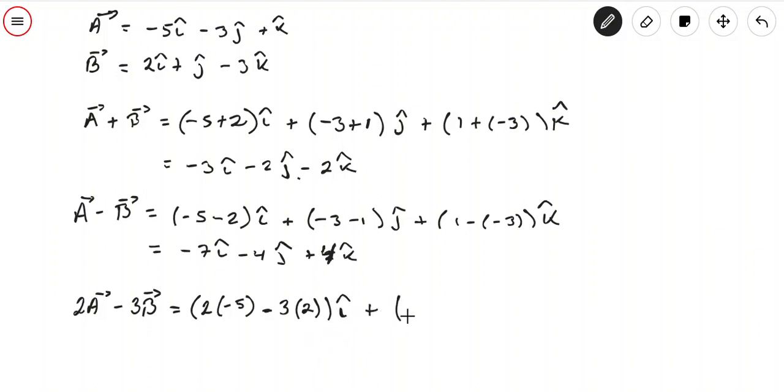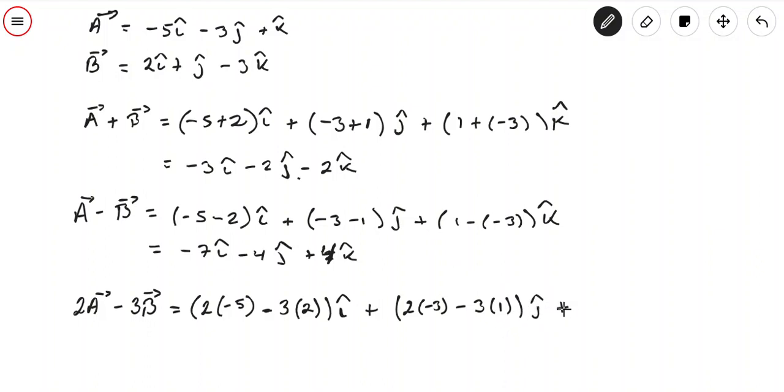Plus, now we do the same for j, so I say 2 times negative 3 minus 3 times the value here, which is 1, so minus 3 times 1, j.